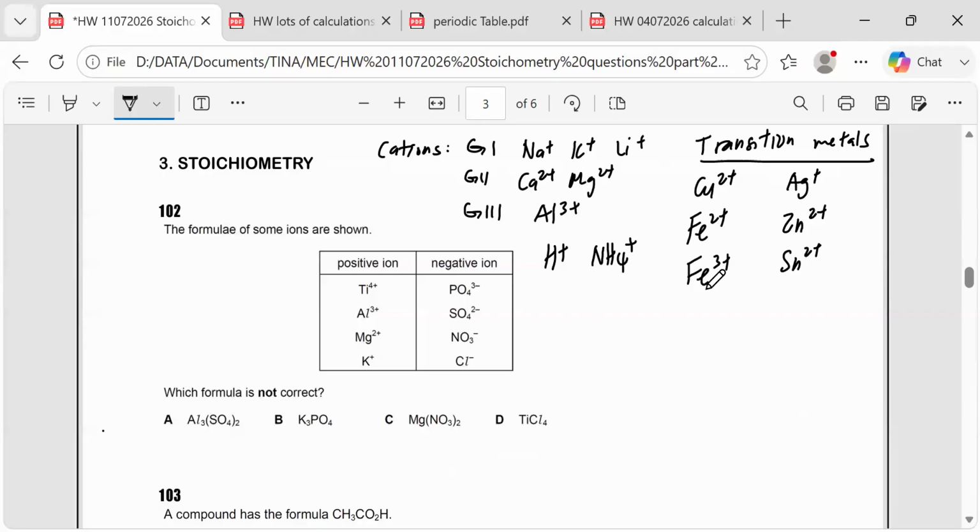Oh, one more, sorry. Lead 2. Okay, so these are positive ions. Group 1, group 2, group 3.